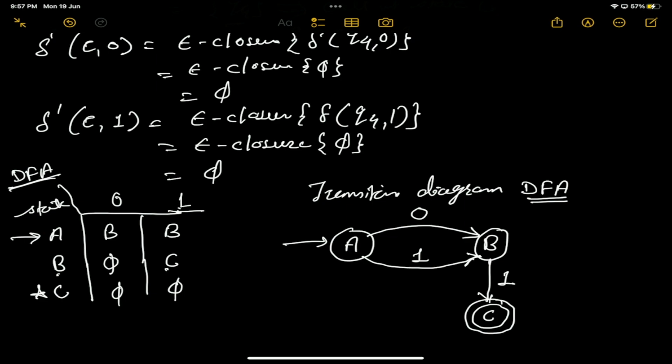So this is the conversion of NFA with epsilon moves to DFA without epsilon moves.